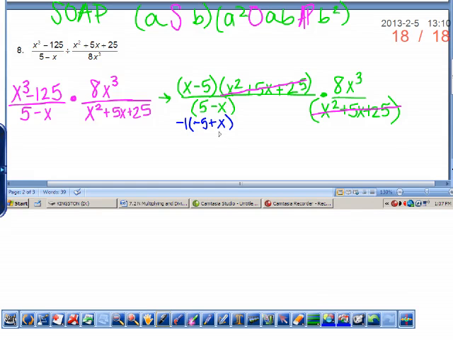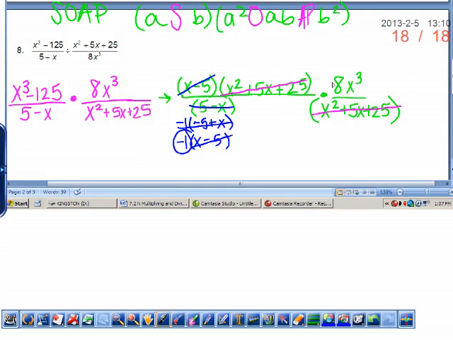Have I done anything illegal? Nope. I've just rewritten it without that negative. And how can I rearrange negative 5 plus x? x minus 5. Why is that beneficial to me? Yeah, now x minus 5 and x minus 5 cancel. Does this negative 1 go anywhere? No. Stays. You've got to remember that negative 1.